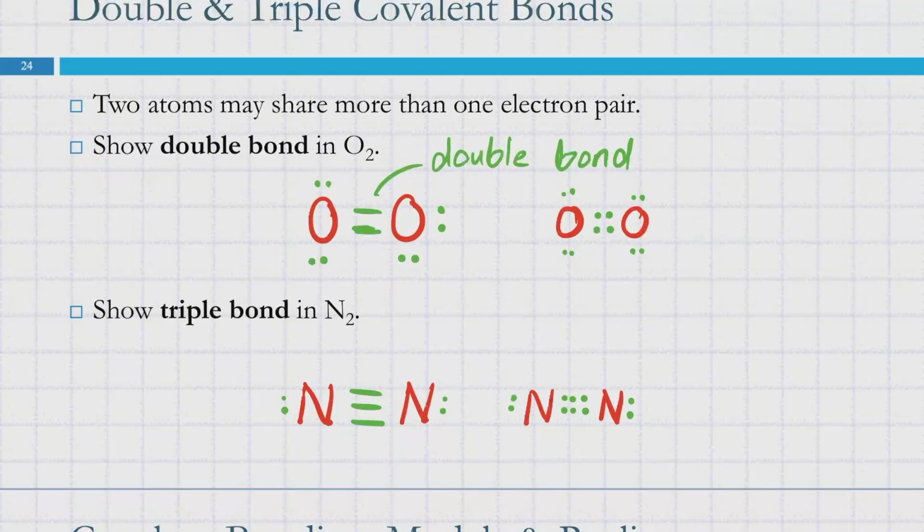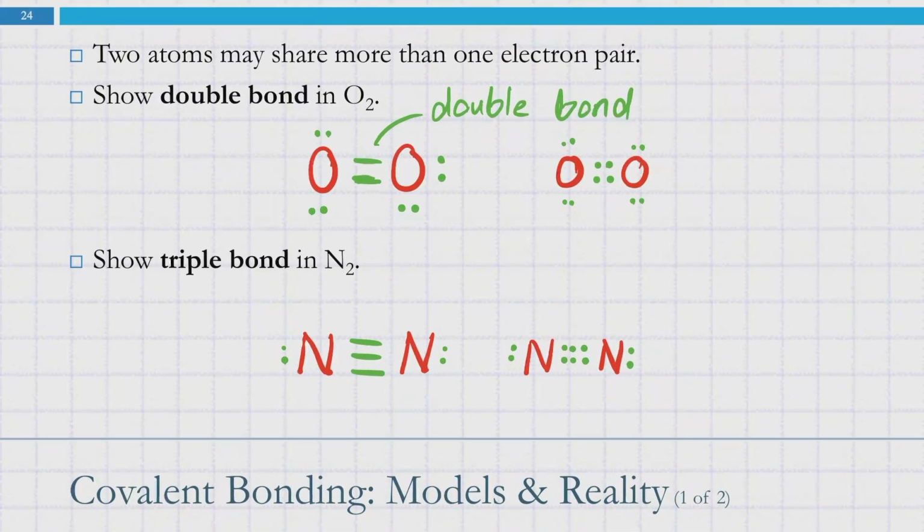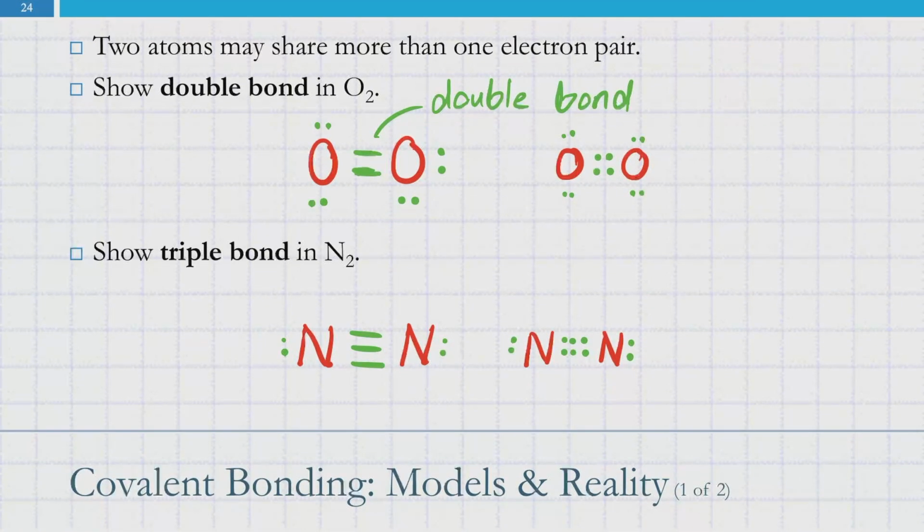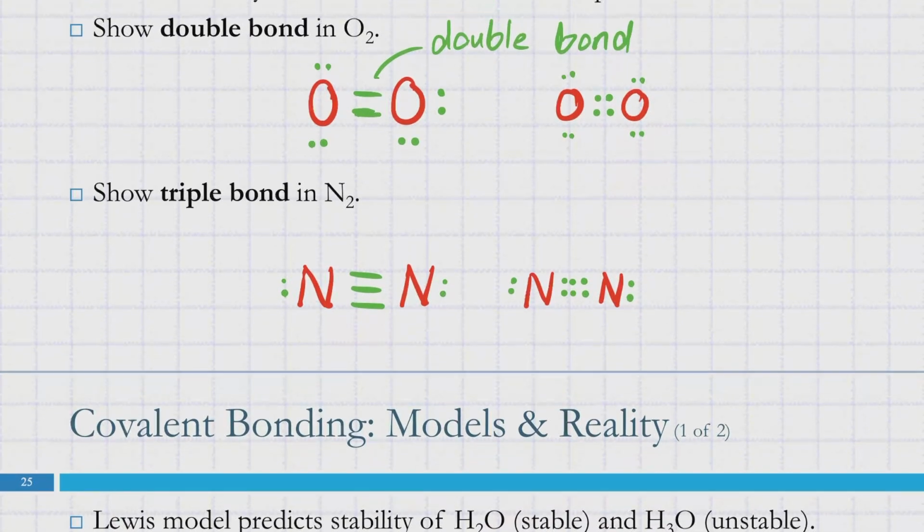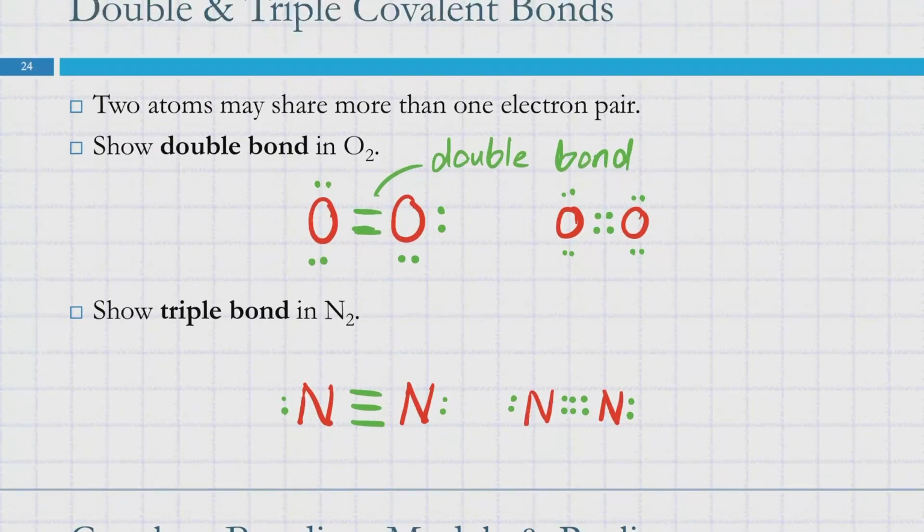So they've got 8 electrons, that's our full octet. For our nitrogen, we have 6 electrons in our triple bond, and 2 from a lone pair. That's the same for both nitrogens, so full octets. Questions?